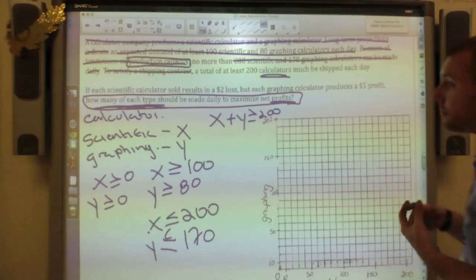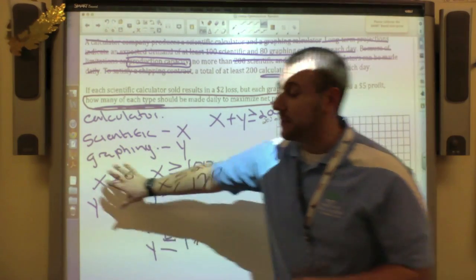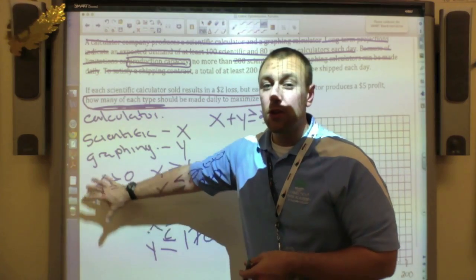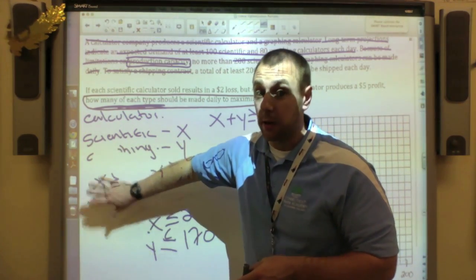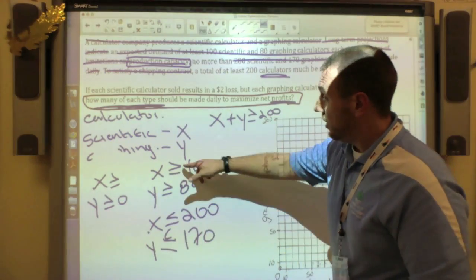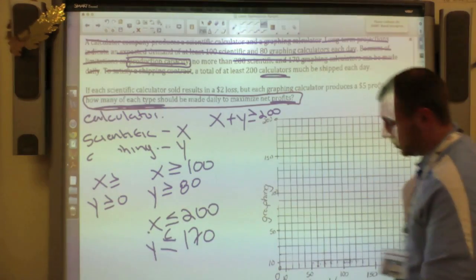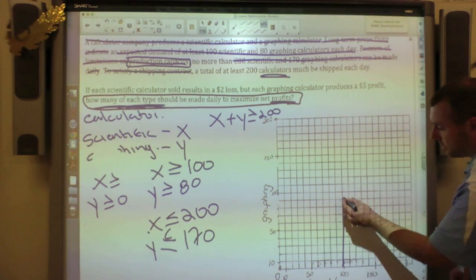All right? So I'm going to graph all of these. These equations here make these irrelevant. Those are more of the run-of-the-mill that I can always start with, so you can ignore those right now. I'm just going to graph these. Well, vertical, vertical. So I know my scientific over here is 100 vertical.